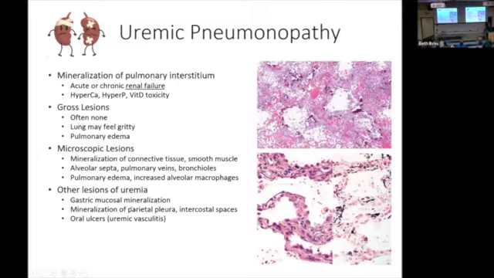So look at the kidneys. What do the kidneys look like? Do you have mineralization of the gastric mucosa? It's another place that likes to mineralize. The parietal pleura, especially the intercostal spaces, so the pleura between the ribs, you'll see these little white streaks of mineralization. And then oral or tongue ulcers. That's due to vasculitis.